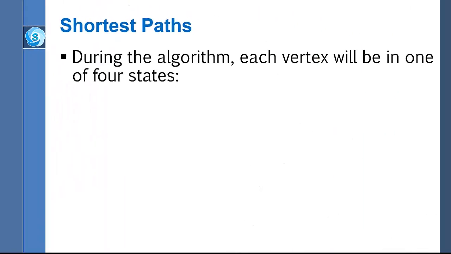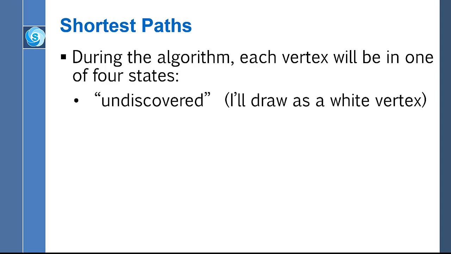As Dijkstra's algorithm proceeds, at any given moment, any given vertex will be in one of four possible states. The vertex might be undiscovered, which is simply a vertex that the algorithm has not dealt with in any way. It basically hasn't even been noticed.